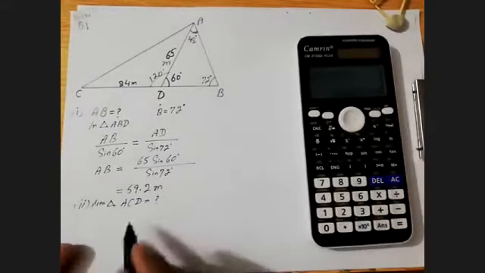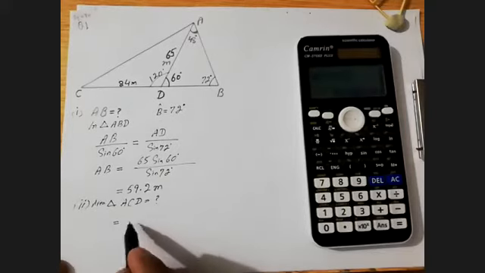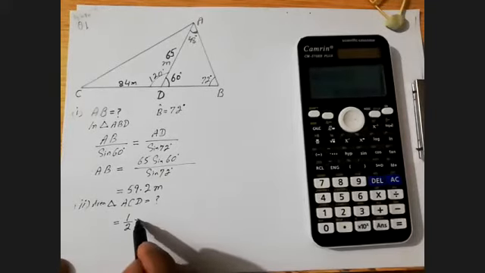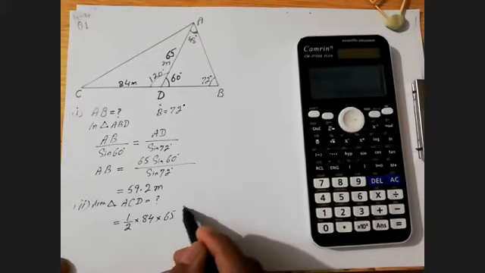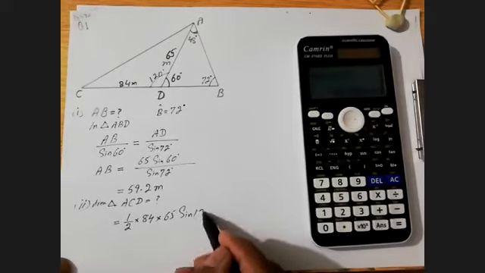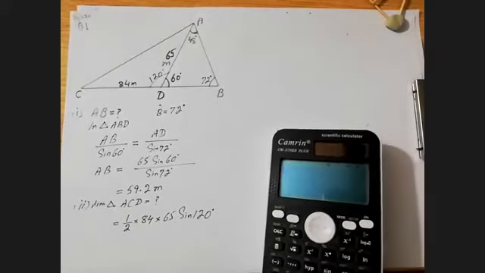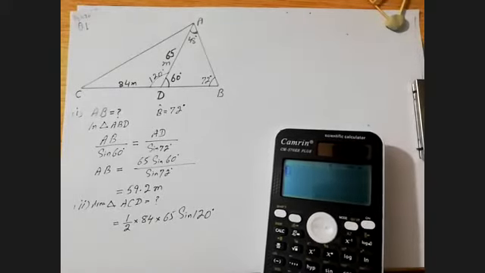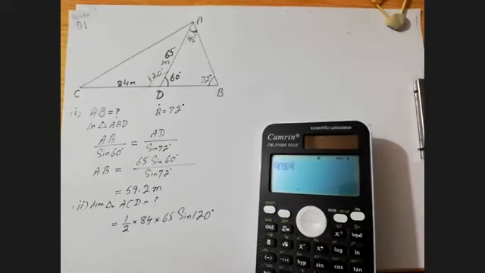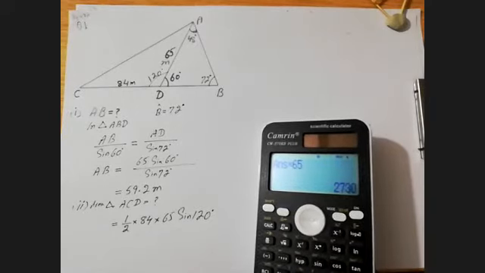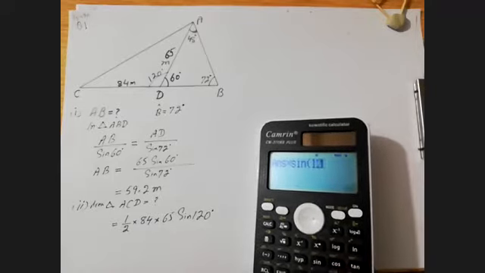You can apply the formula: area ACD is equal to 1 by 2 into the side 84 into 65 into sine of 120 degrees. Now you can apply the values. 84 divided by 2, multiplied by 65 is this, and then multiplied by sine of 120 degrees.